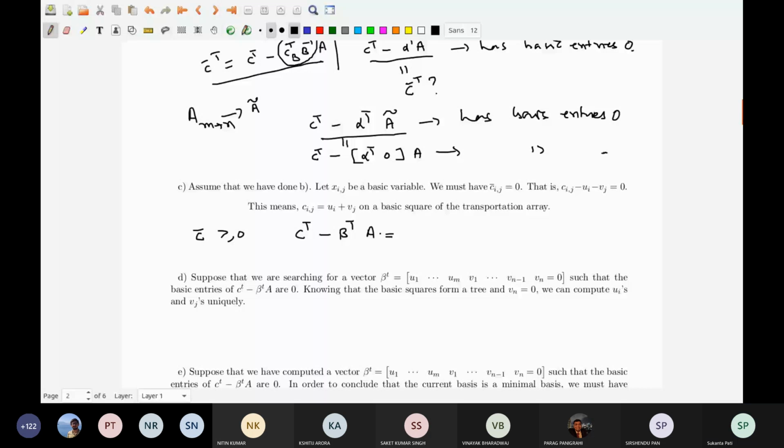A has the source part, the first M, so this is 1 to M, and then it is M plus 1 to N. This is A. Okay. So correspondingly, you write the entries of beta, U1 up to UM.